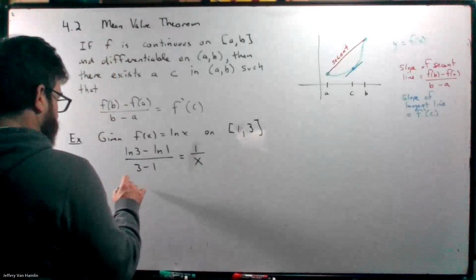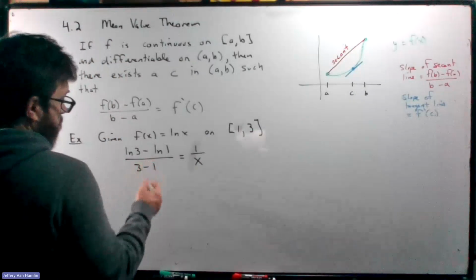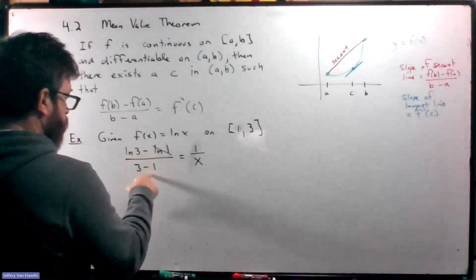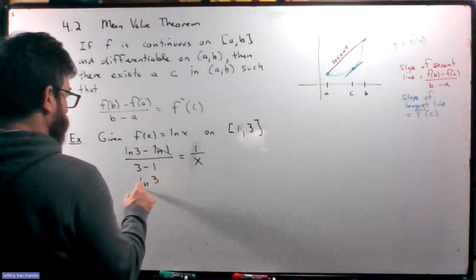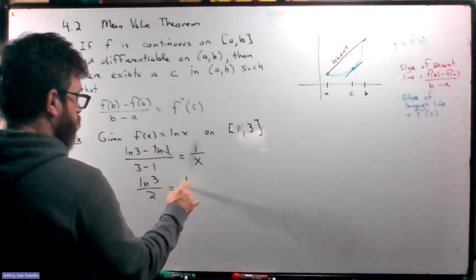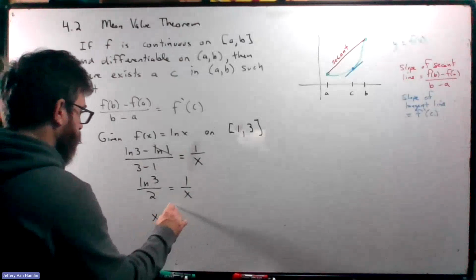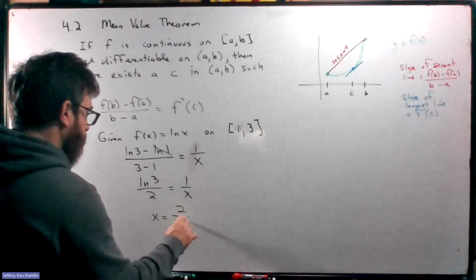This is actually not too bad. Natural log of 1 is 0, so that goes away. So this is the natural log of 3 over 2, which is equal to 1 over x. Multiplying through, x is equal to 2 over the natural log of 3.